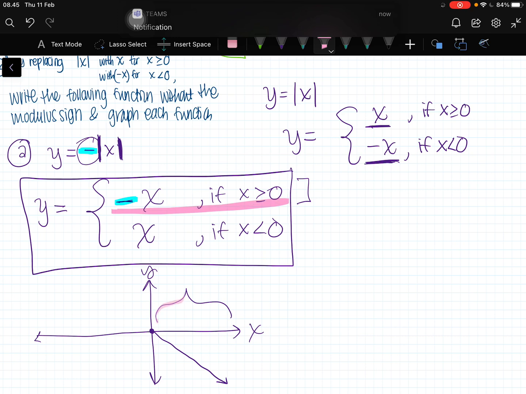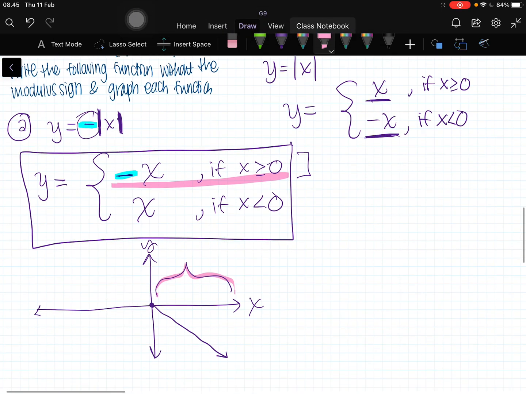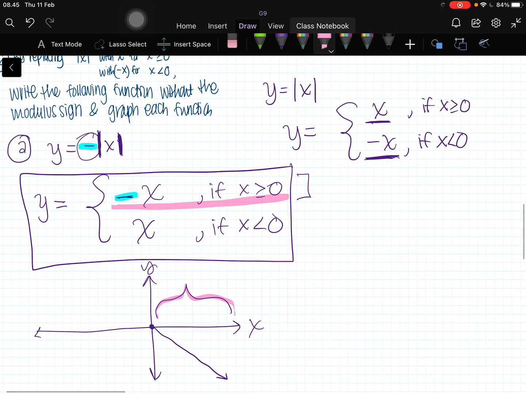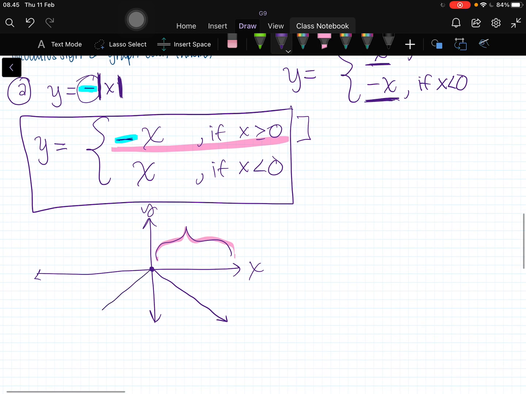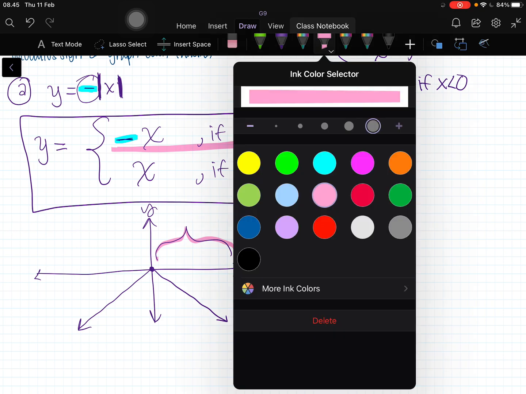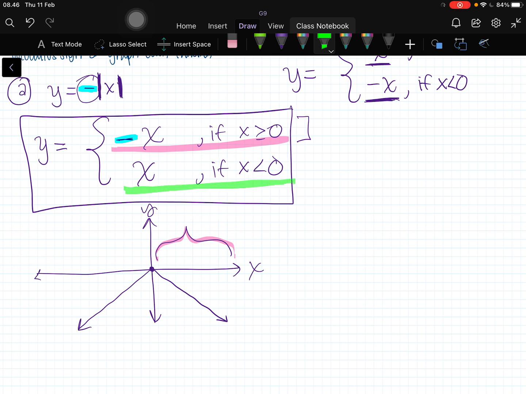So this part is that. Okay, and then it says if x is less than 0, then it would stay the same. Again, this one here is this part here.